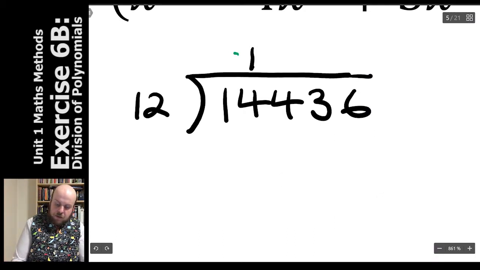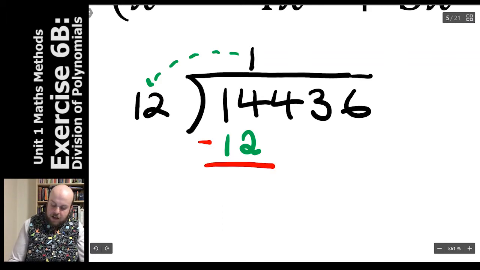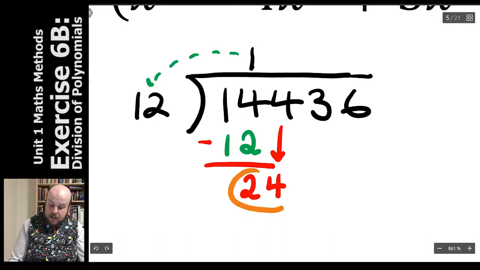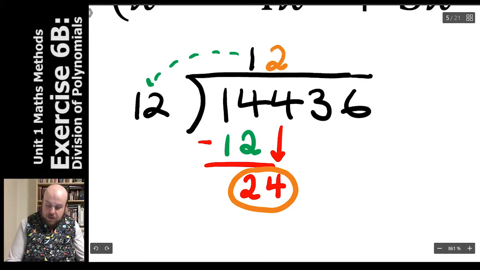So this 1, we'll multiply down by 12. 1 times 12 gets me 12. I'm going to minus this. So 14 take away 12 gets me 2. I'm going to move this 4 down. And then I go and divide this number down here, this 24. 24 divided by 2 goes twice.